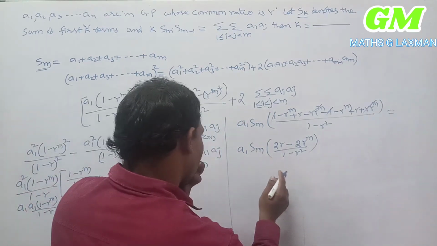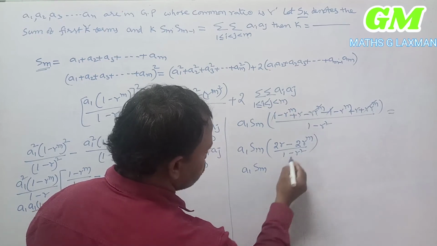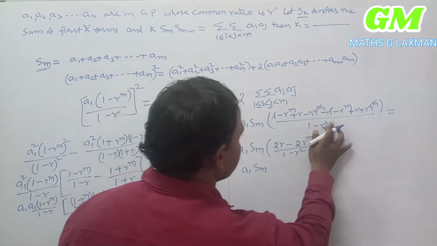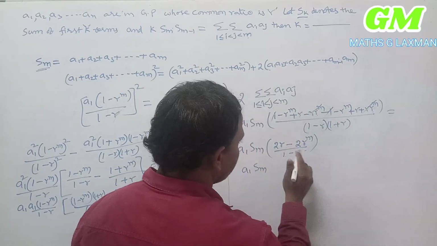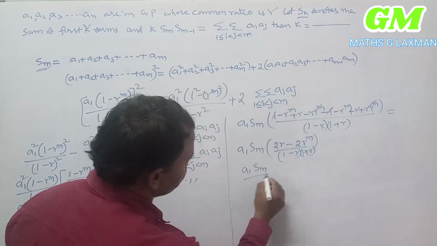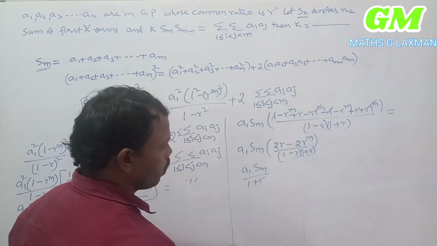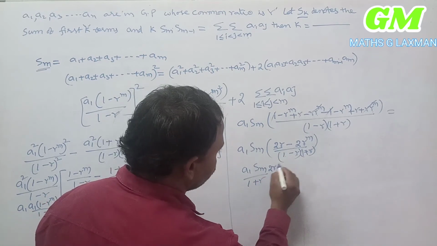Now a1 S_m. So in this we can take, just write it like this only, 1 plus r, and here (1 minus r) into (1 plus r). Then 1 plus r taken as a common, here 1 plus r is left over, and here 2r we can take as a common, then 2r.